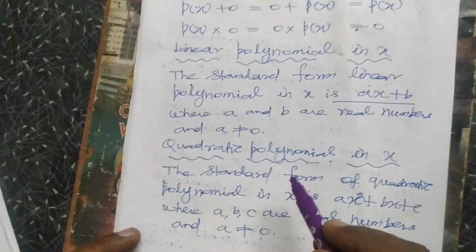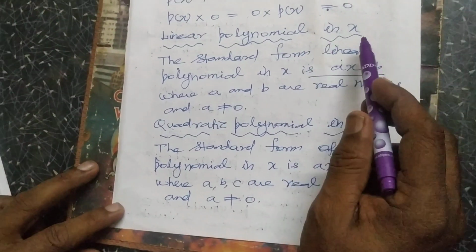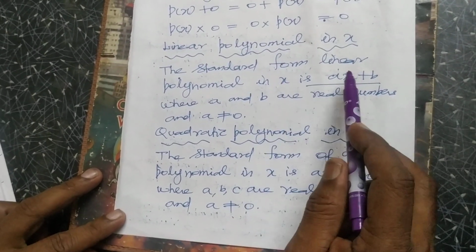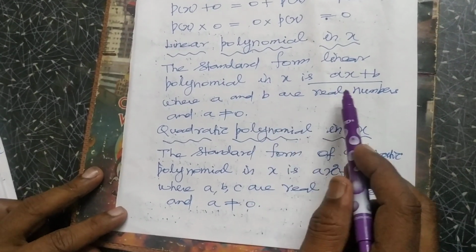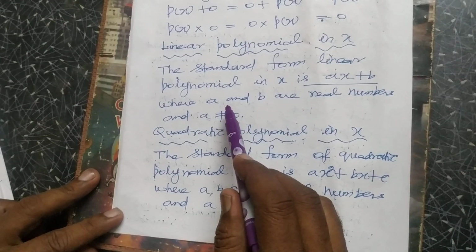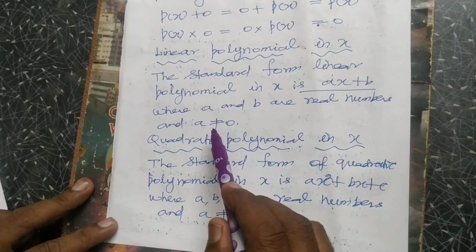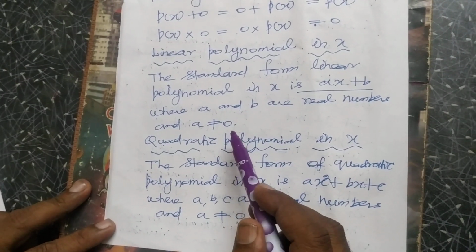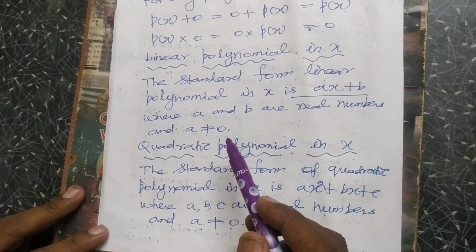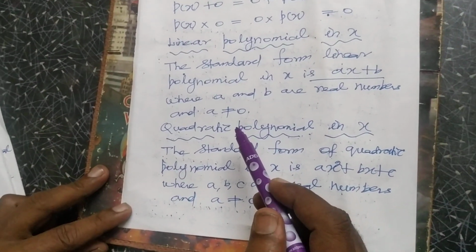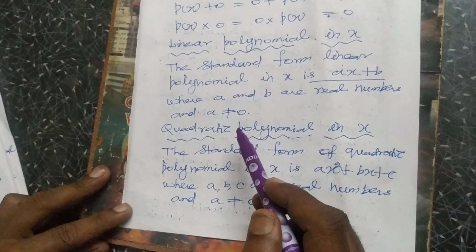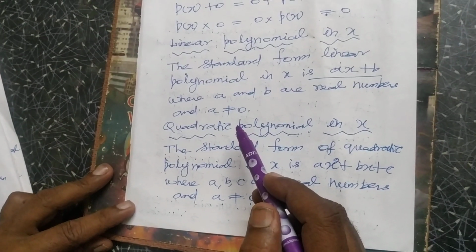Now let us see types of polynomials. Linear polynomial in x. The standard form of a linear polynomial in x is ax plus b, where a and b are real numbers and a is not equal to 0. Why it is called a linear polynomial: the highest power of the variable x is 1.